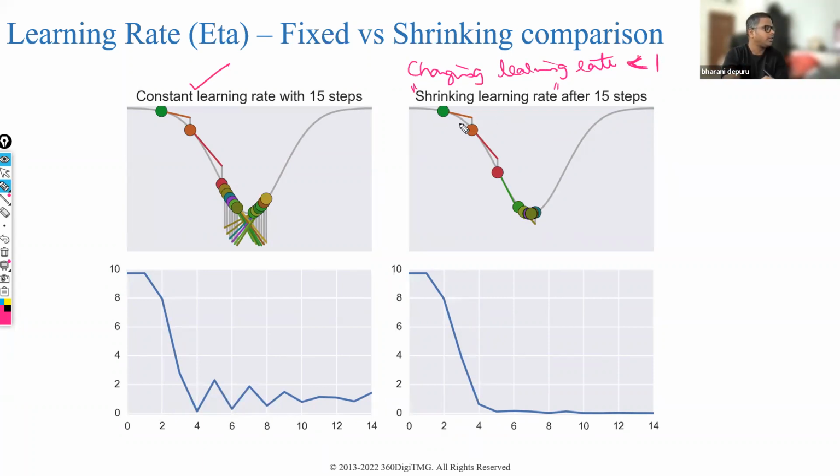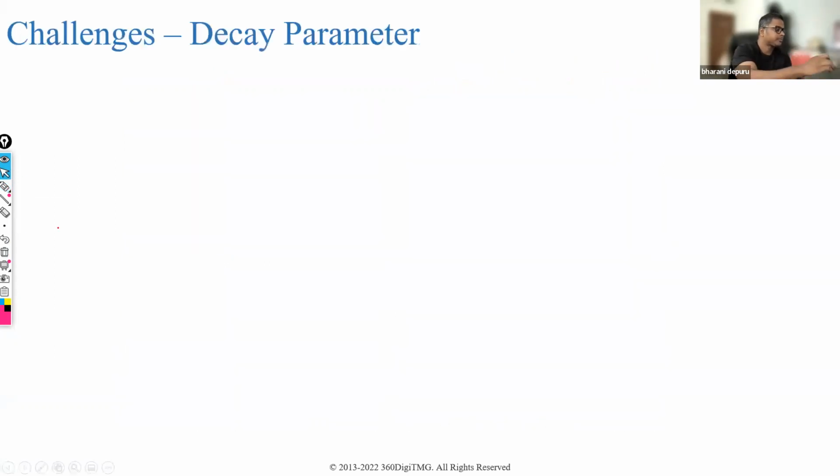So the advantage is that the bouncing around the ball problem is gone and it will reach the minimum. Okay. This changing learning rate is also called the decay parameter.